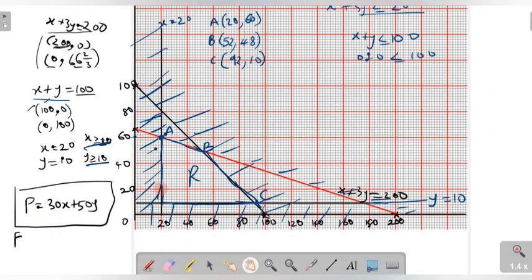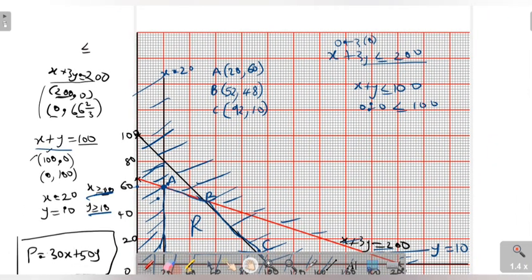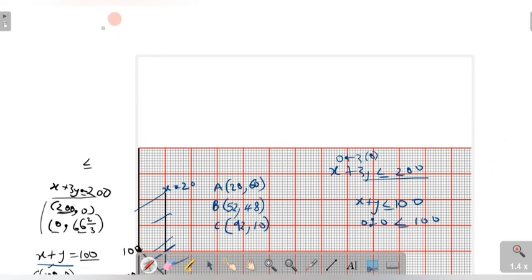We have to test them on those equations to see what the values would look like. So I'm going to put these values inside here. Let me take this upward. So the objective function P is equal to 30x plus 50y. So we're going to take these values and substitute them into it.